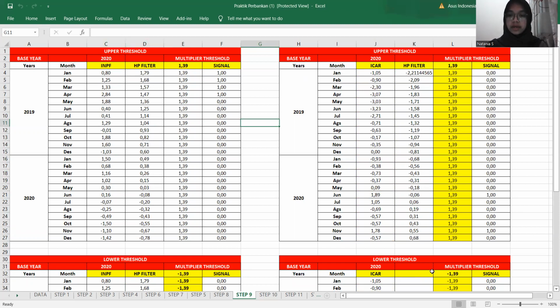Step 1 is estimating the in-sample model. The definition of this step is that the best model to couch banking resilience will be put. The smoothing parameter in this Excel spreadsheet is equal to 14,400 because the data is monthly.